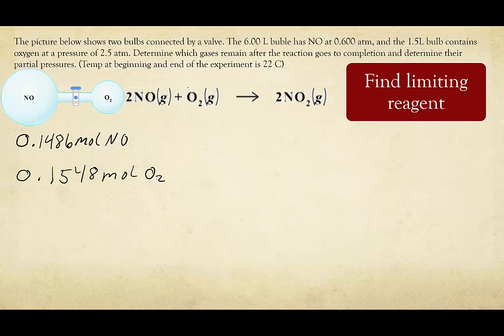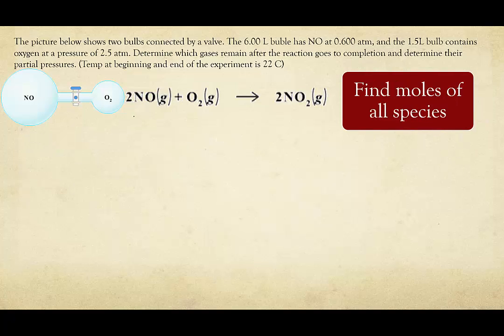We can look at our oxygen, and we can say that for every 1 oxygen, we need 2 NOs, which means that if we have approximately 0.15 moles of oxygen, we are going to need double that many moles of NO, so about 0.3, and we definitely don't have that. And so because of that, NO is going to be our limiting reagent, and that's able to get us to the answer the quickest. So from here, we'll need to go through and decide what happens after the reaction occurs.